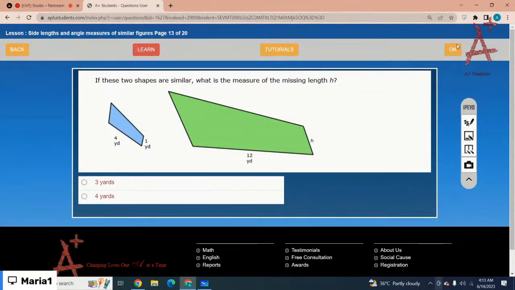Okay, if these two shapes are similar, what is the measure of the missing length H? So which length is missing?